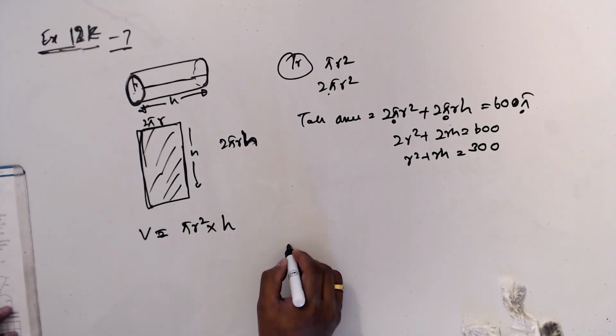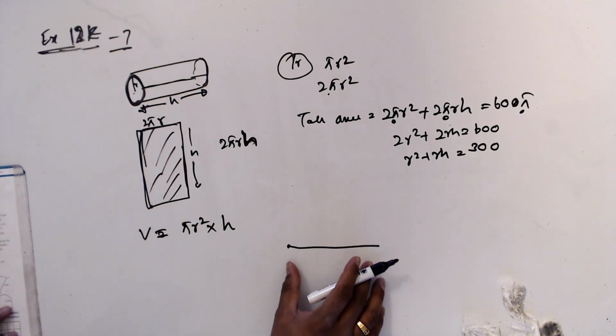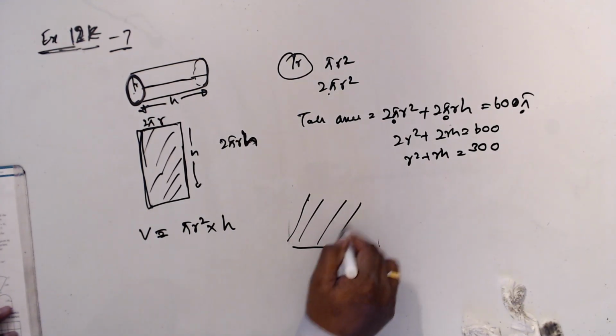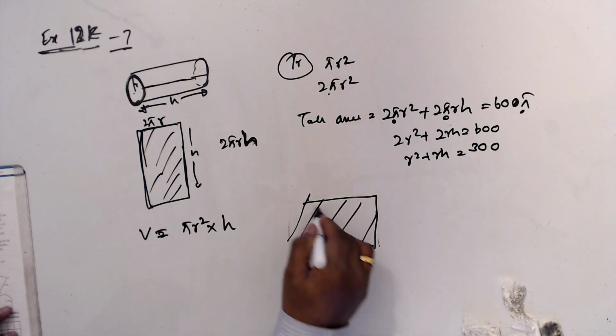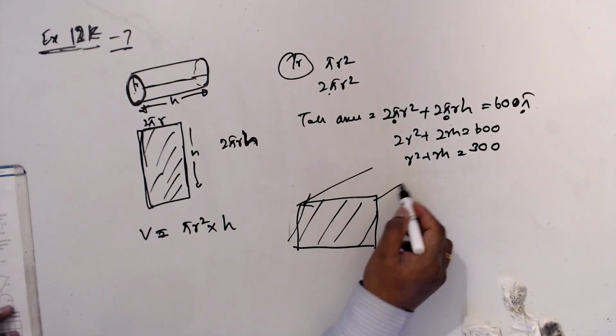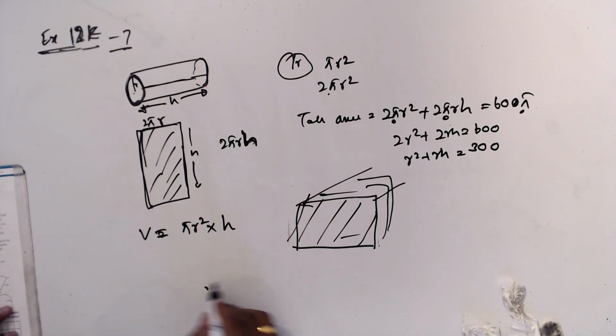If you push a dot, what will it make? A line. If you push a line, what will it make? It will make an area. If you push an area, what will it make? It will make a volume, right?